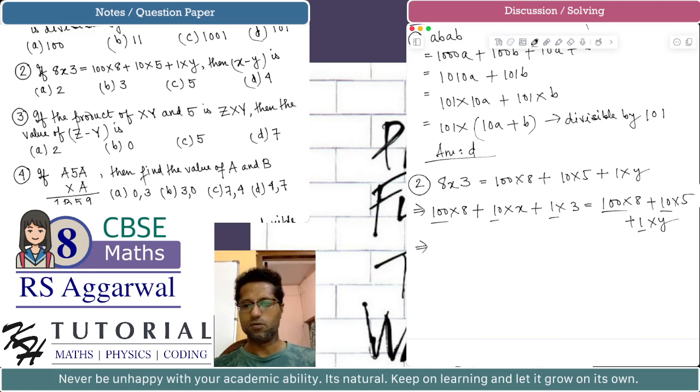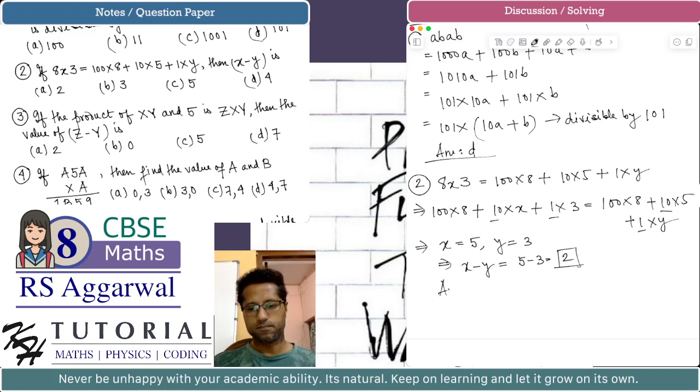But if we compare the factors of 10 and 1, we get x is equal to 5 and y is equal to 3. So we have to find the value of x minus y. This is equal to 5 minus 3, which is 2. So the correct choice is A.